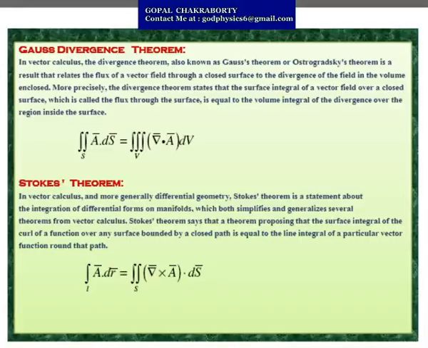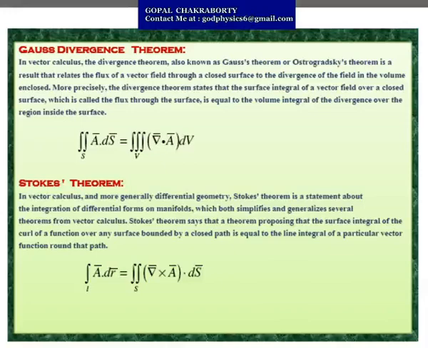In vector calculus, the divergence theorem, also known as Gauss divergence theorem, is a result that relates the flux of a vector field through a closed surface to the divergence of the field in the volume enclosed.